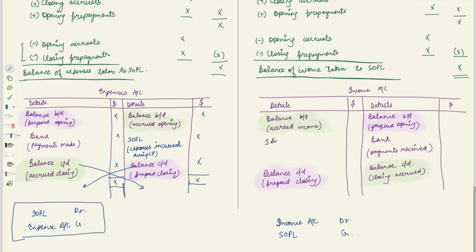So on the debit side of the income account: statement of profit or loss, income earned during the current year. Then again, we will balance the account and bring down the closing balances to the next year as opening. So these balances will be balance brought down here and balance brought down here.